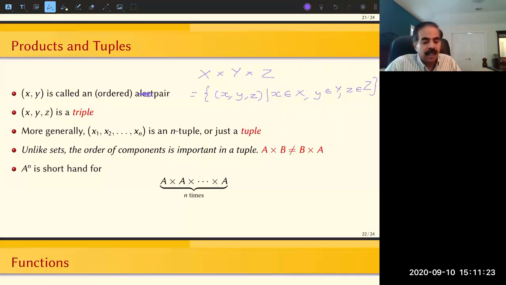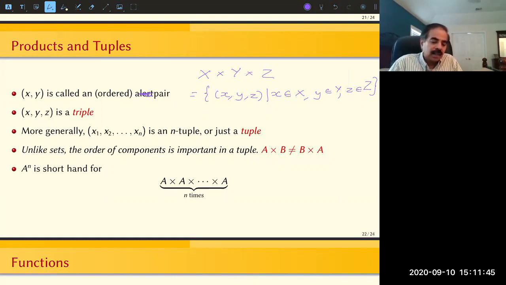So the Cartesian product is not limited to just two sets. It can be applied to any number of sets, and it basically operates the same way. You pick one element from each set and then put it together into what is called a tuple, okay?